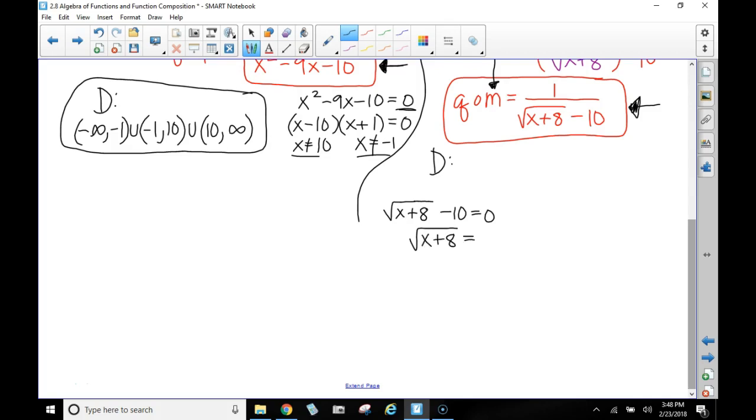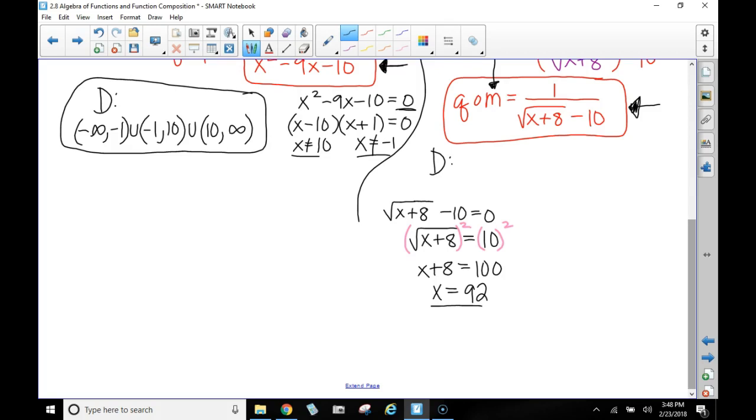First thing I'm going to do is add 10 to both sides. Now I've got a radical equation, so to solve that, I'm going to square both sides. And that'll just leave us with x plus 8 equals 100. So x is equal to 92 when we subtract 8 from both sides.